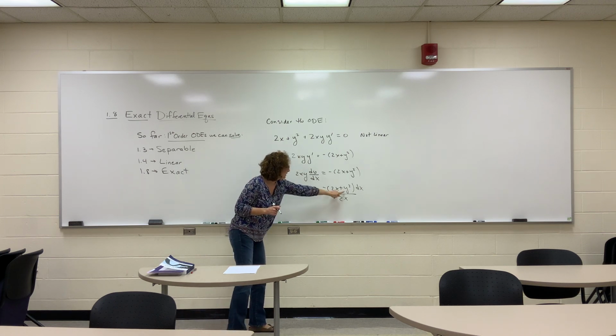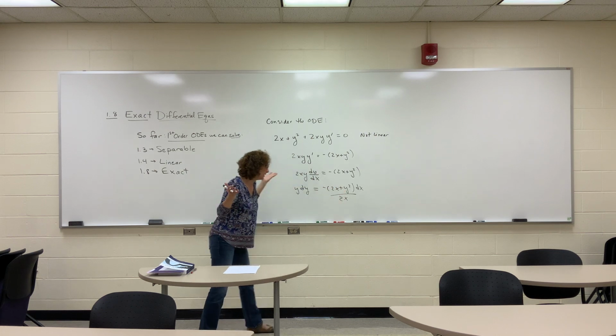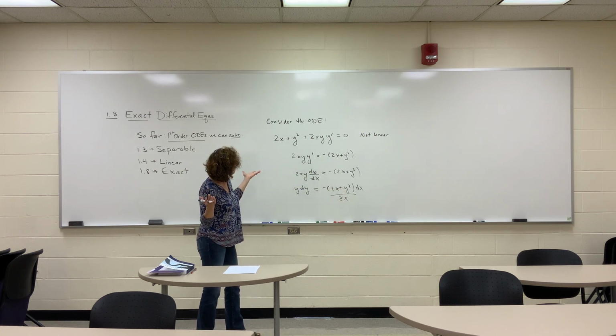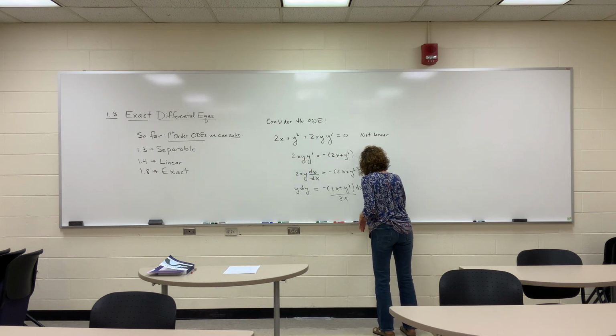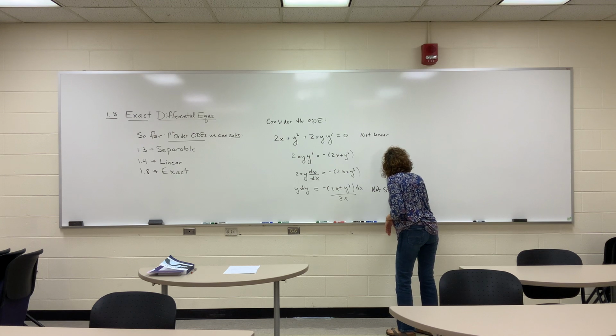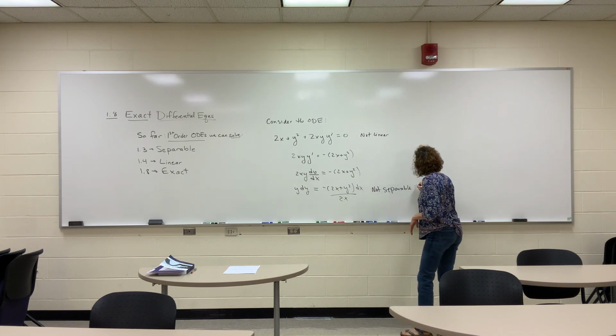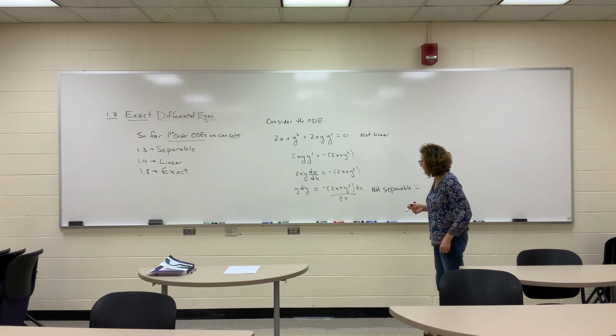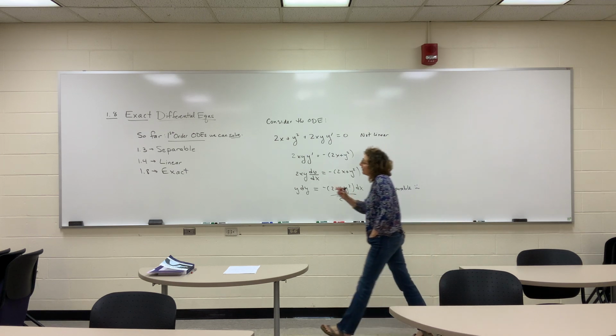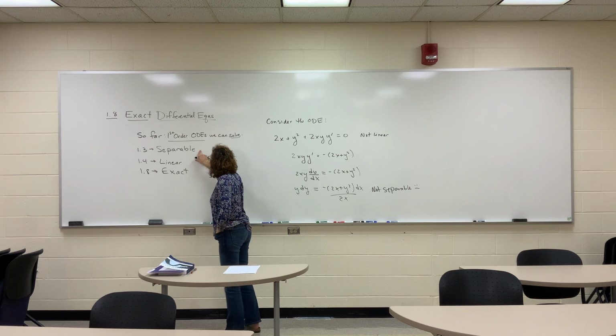And the problem would be that guy right there. If that wasn't a y, then it'd be separable, but it is a y, so it's not separable, okay? Not separable. So we can't do either method that we've got so far. So these two guys don't work.